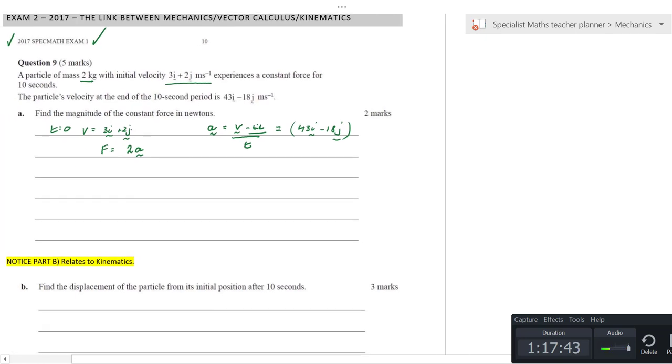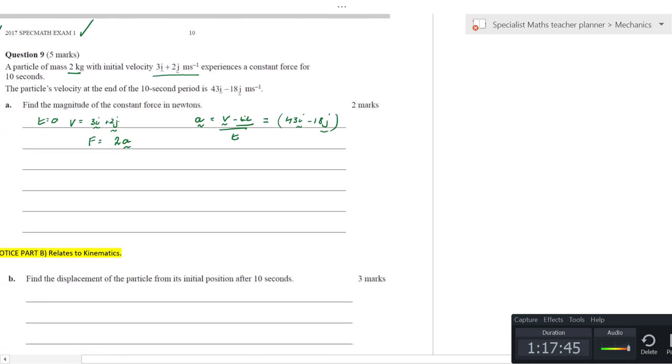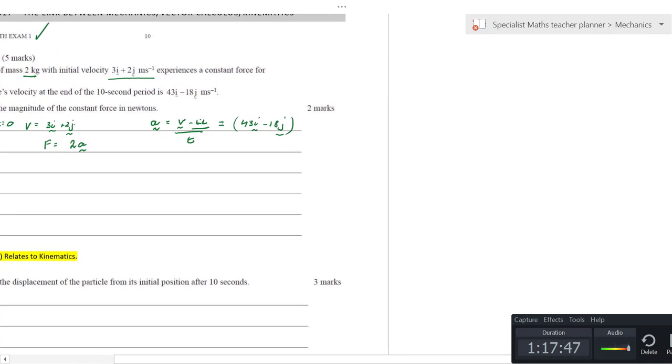And it says with the initial velocity of 3i plus 2j, so minus (3i plus 2j). And then that's over time, over 10 seconds.